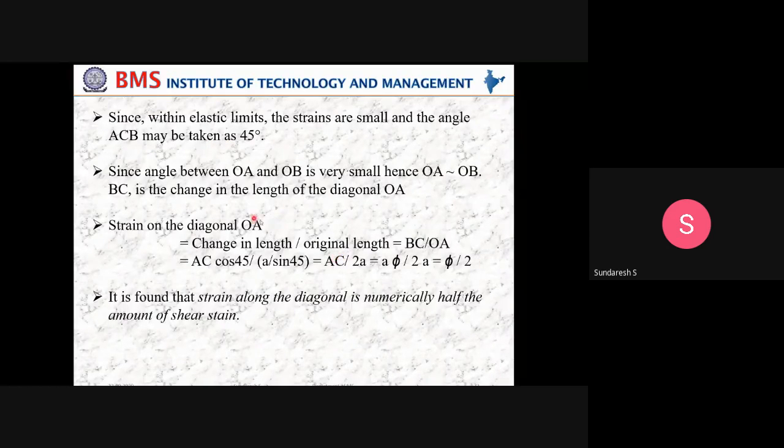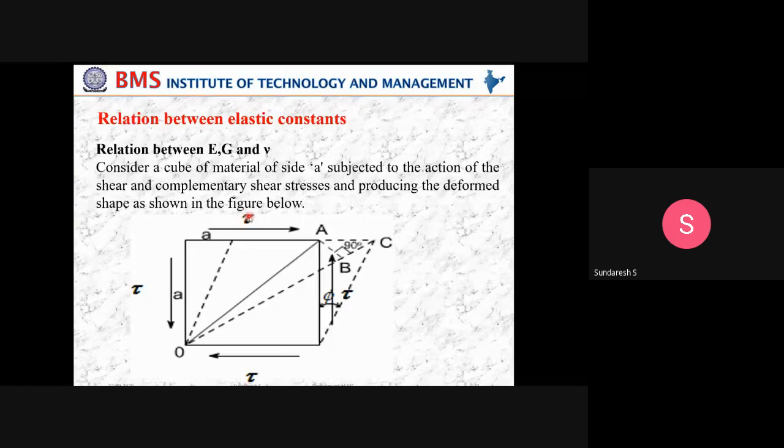Now we want to write the change in the length of the diagonal OA. Initially, before the application of a shear stress, the length of the diagonal was OA. Now, because of the application of a shear load or a shear force, the length of the diagonal OA has changed to OC.